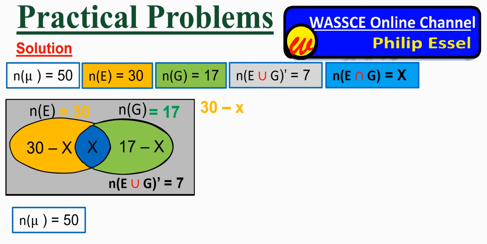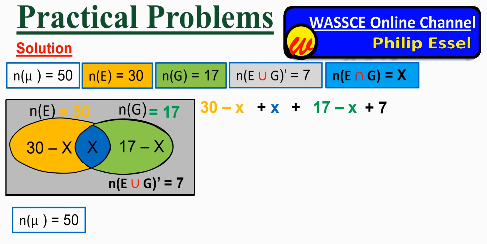We will then add the blue group, which is x. Remember, x represents the number of students who studied both economics and government. So we would add them to the orange group, plus the green group. And the green group is 70 minus x. This group represents those that read only government. We would finally add our hash group, which is 7.